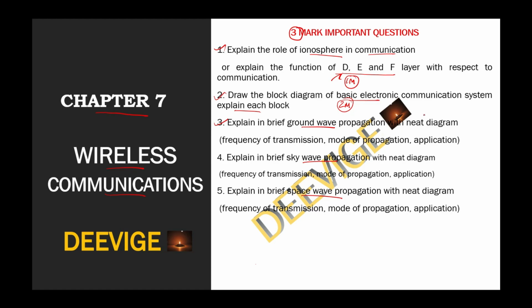For all these you need to draw the diagram, like how the ground wave is propagated, sky wave is propagated or space wave is propagated, along with the frequency, whether it will allow low frequency, very low frequency, high frequency, very high frequency, mode of propagation, that is through surface of the earth or line of sight or through ionosphere, etc. And which frequency is used for communication, whether it is used in radio, satellite, television, like this you can explain.